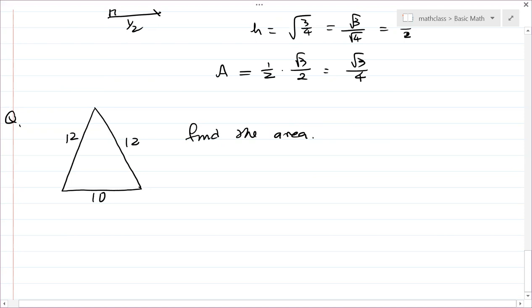Okay. Let's see. So you draw the line. So an isosceles triangle is divided into two equal halves. So you get the triangle. This side is 5, this side is 12. Here's h. Then h is the height, right?